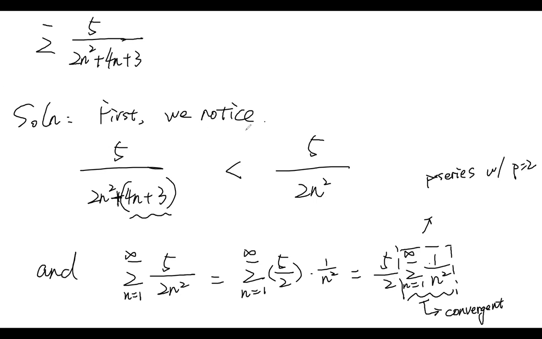So now you have a series that's greater than that. Each term of this new series, this is our b_n, and this is our a_n. So each term in b_n is greater than the corresponding term in a_n. And in the meantime, the series b_n is convergent.